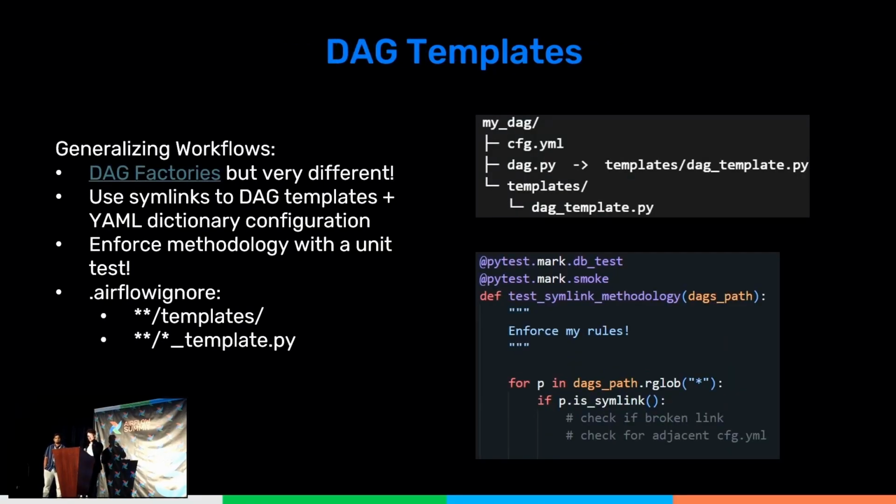Finally, we also use DAG templates. We have our own version of the DAG factories that Dheeraj mentioned when we first were building out the Airflow instance. The main difference is that since we have so many DAGs organized by project, by team, by maybe submodule within the chip design, we wanted to organize all the different DAGs in our code base hierarchically.